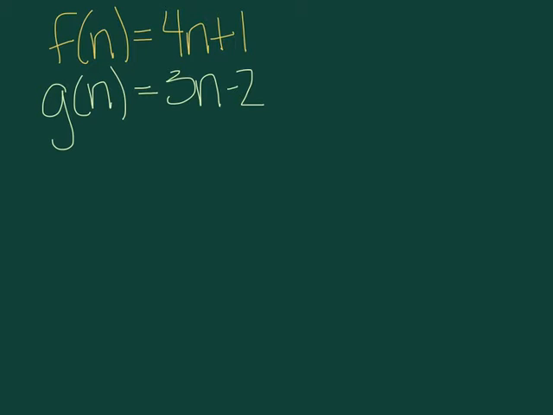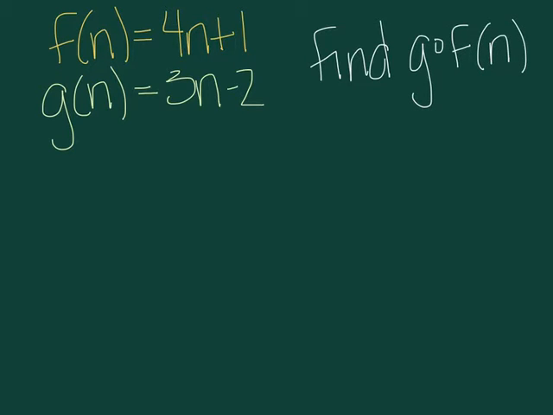And let's find g of f of n. So remember, I'm going to take g of f of n and rewrite it in that ripple effect format. So we have g of f of n.